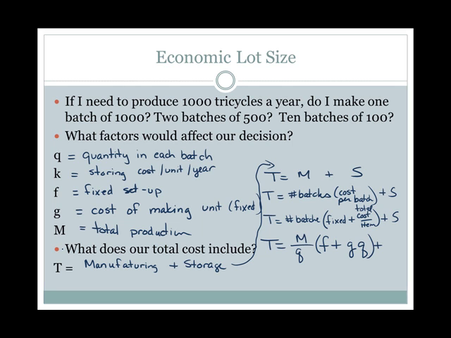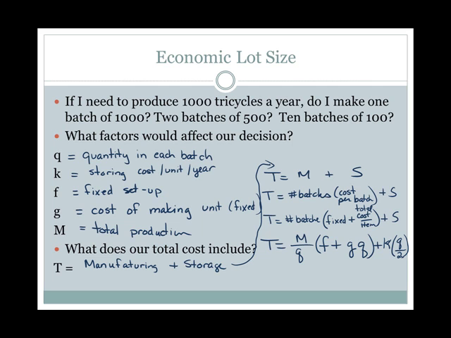The storage is a little bit weird, and I'll try to explain it, but I'm not going to spend a lot of time on it. K is the cost of storing 1 unit per year. The cost of storing 1 unit for 1 year. But we're not going to store all of our units for a year. So what the model is that's used is you take the quantity that you're making in each batch and you divide it by 2. With the idea being that you are, in the end, even though you might store some items up front, when those items are gone, other items can fill their spot.